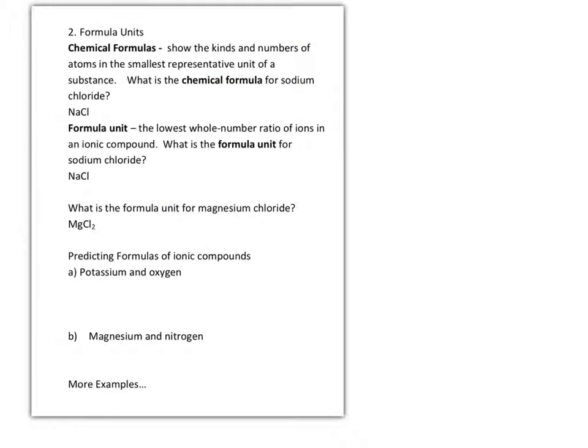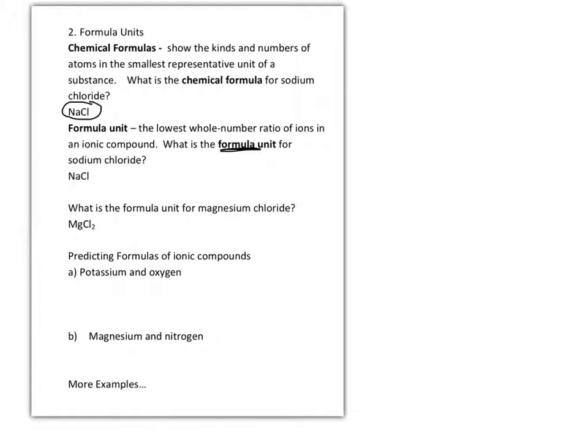So formula units. Basically, chemical formulas show the number and kinds of atoms. And we will be working on this in chapters 7 through 9. The formula unit is the lowest whole number ratio. So if you look at the formula unit for sodium chloride, it's NaCl.